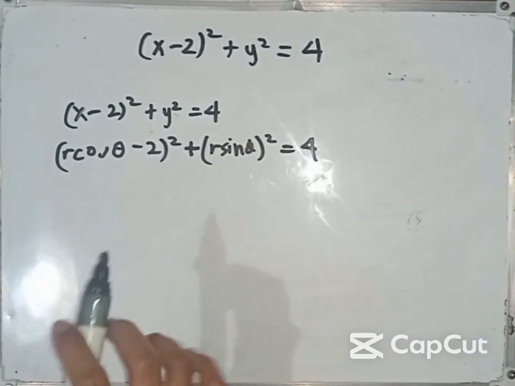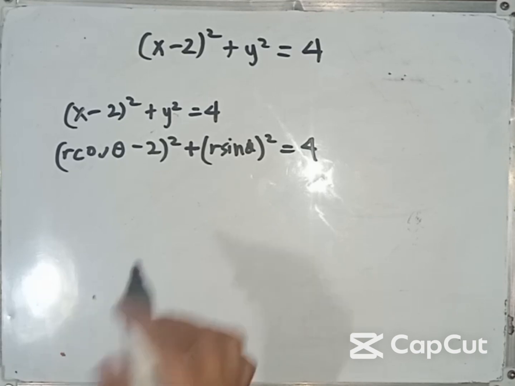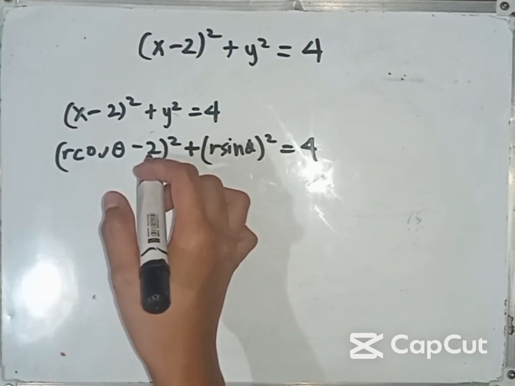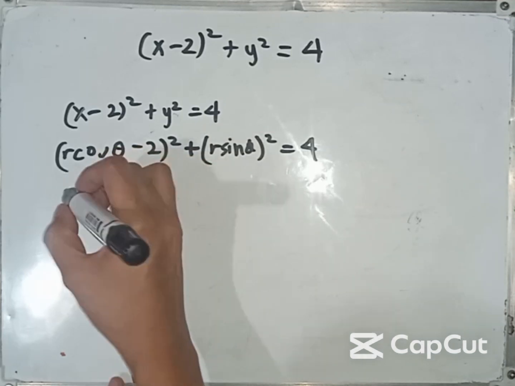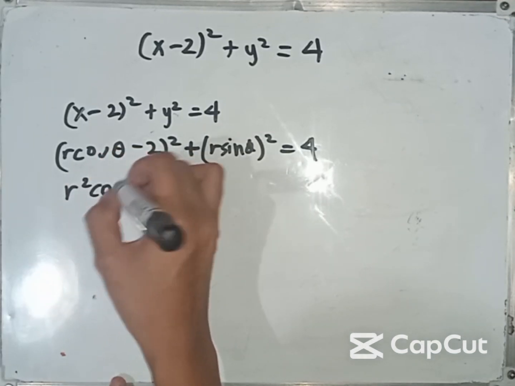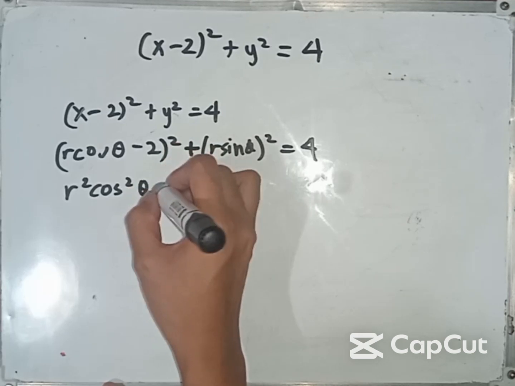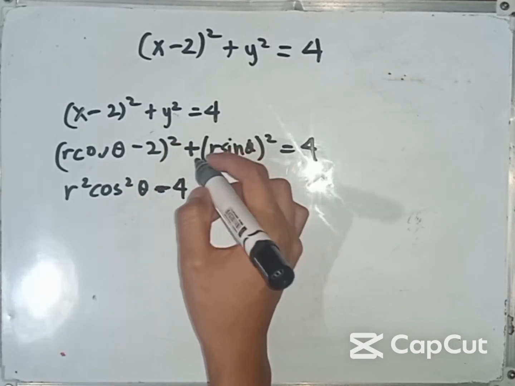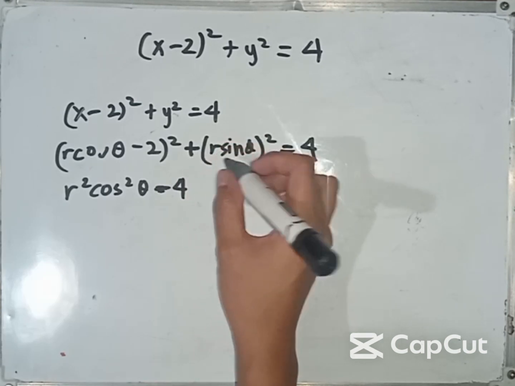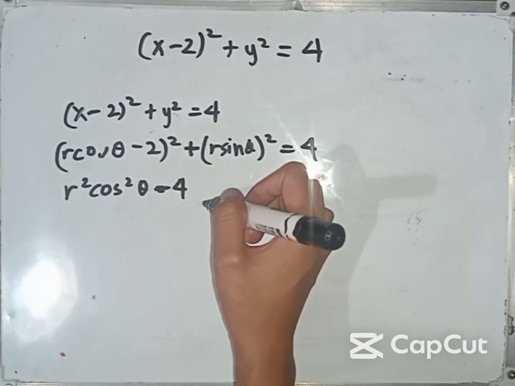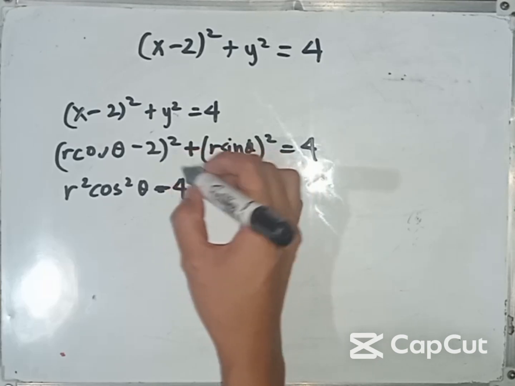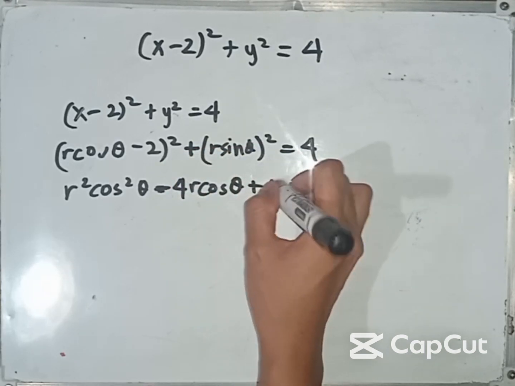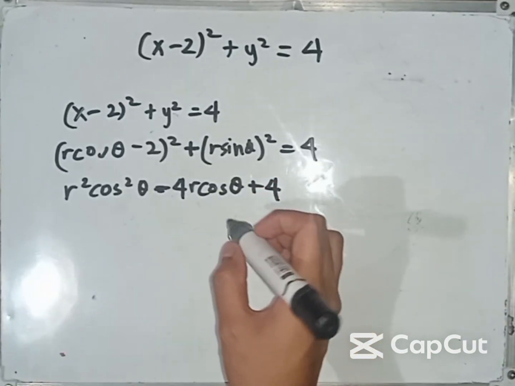And let's square. Distribute this square: r squared cosine squared theta minus 4r cosine theta, and 2 squared is equal to 4.